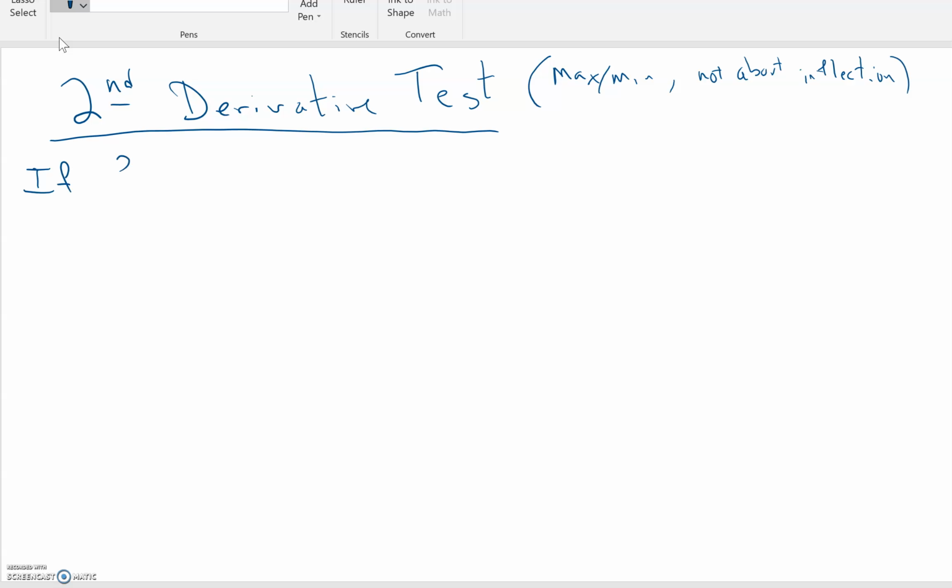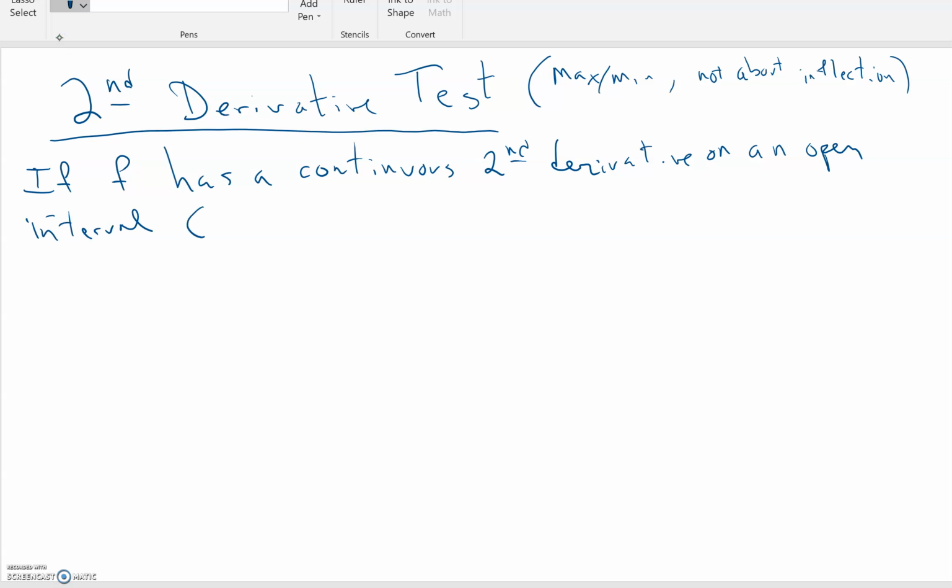If f has a continuous second derivative on an open interval (a, b) that contains a critical point of f, call that critical point c.